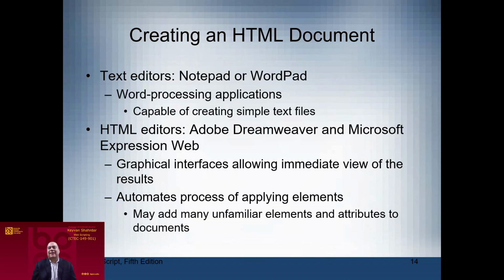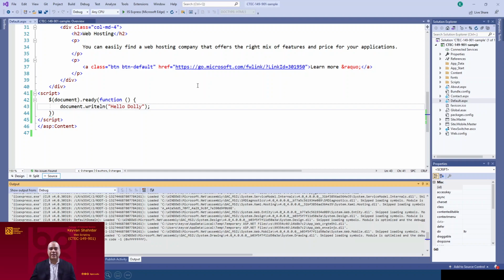So, creating an HTML document, you have text editors such as Notepad or WordPad, or a word processing application capable of creating simple text files. There are HTML editors such as Adobe Dreamweaver and Microsoft Expression Web. If you are a software developer, like for example what I do, you would have an IDE, something similar to Visual Studio, and that's what this here is.